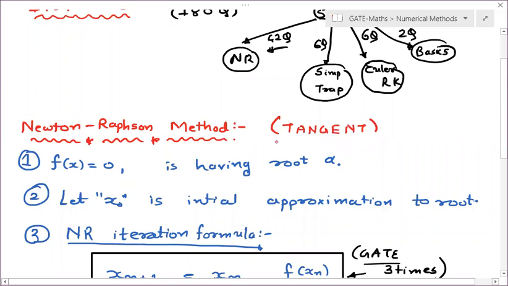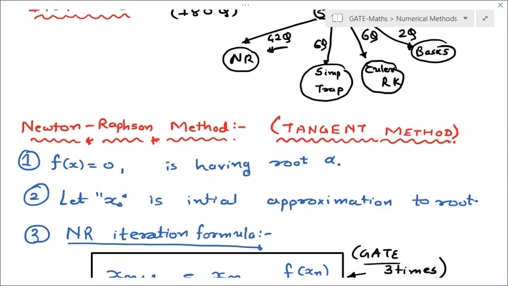This method is based on tangents, so that's why it is also known as the tangent method. Is it clear now? Right, so in the evening we will start questions based on it, and in the evening we will complete all of numerical solution of linear and non-linear equations.